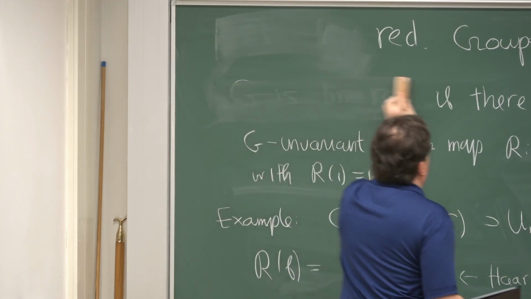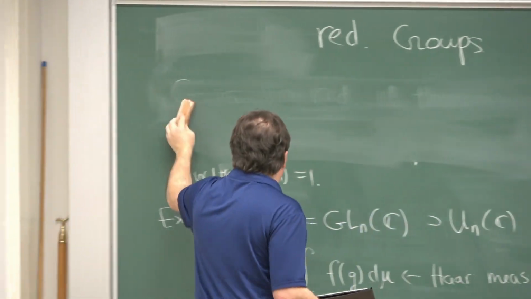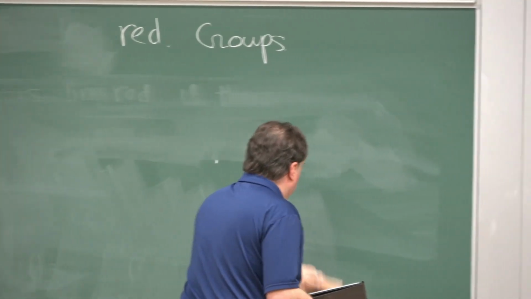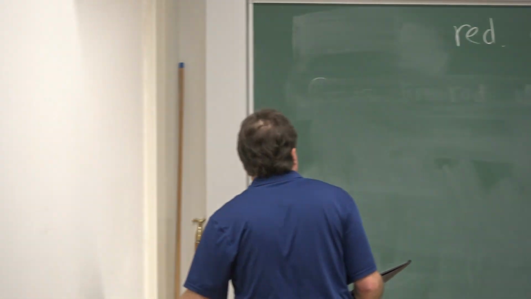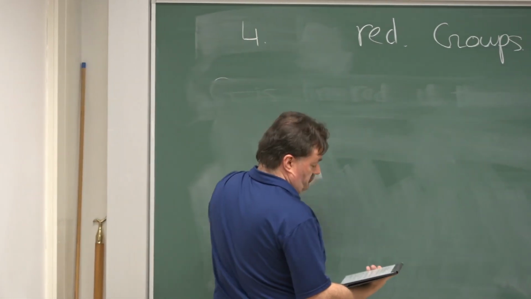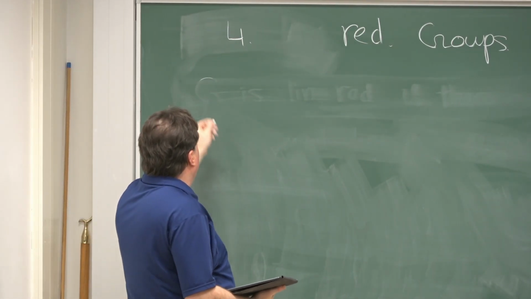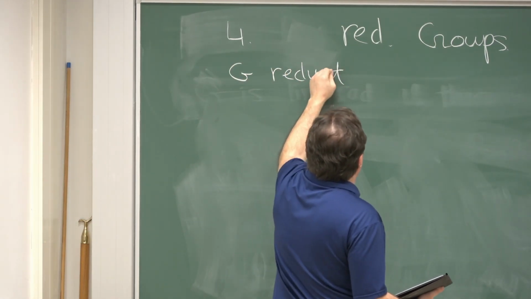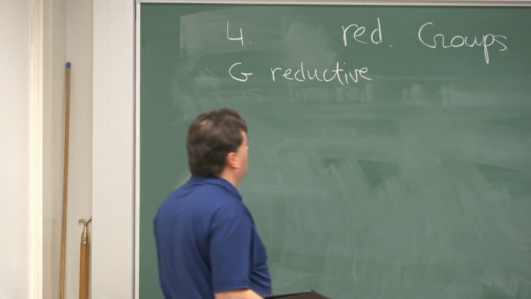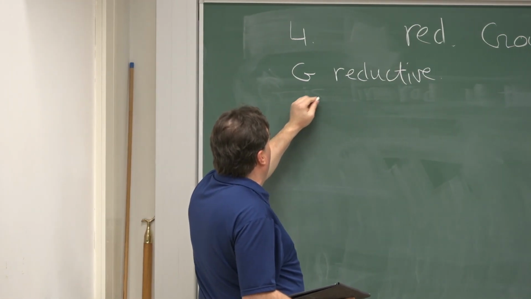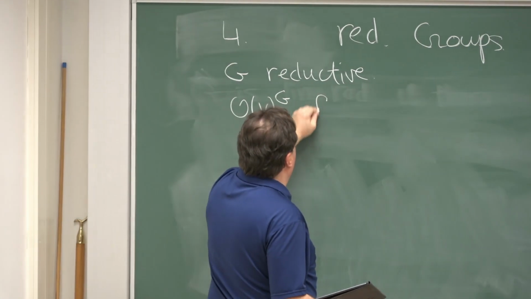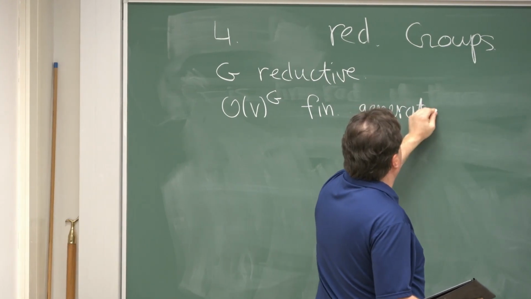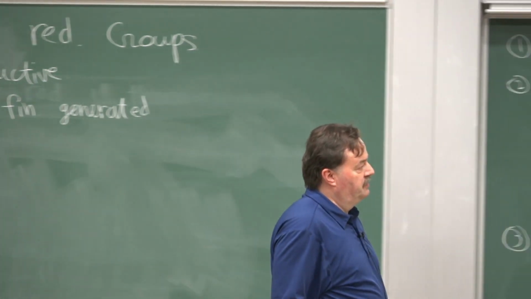Now let's look at what we can say about arbitrary reductive groups. First of all, let's say G is reductive. We also know that the invariant ring is still finitely generated, by a result of Nagata.